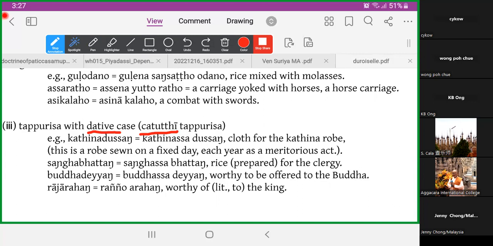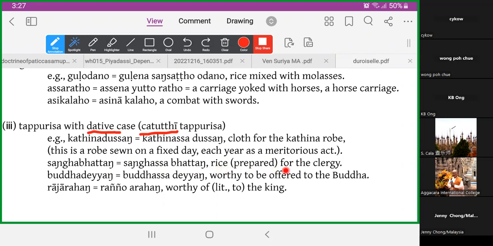Okay, so join me in reading. For example, Kathinassa dussam. Please join me in reading. For the Kathina robe. Okay, so this is a robe sewn on a fixed day each year as a meritorious act. Sanghassa bhattam.